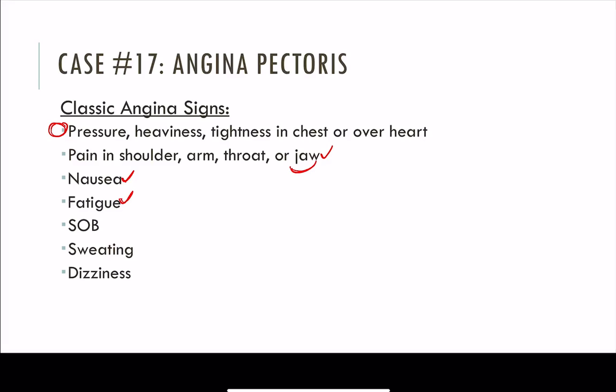These should be deeply rooted in your brain at this point: if someone is experiencing any of these in response to increased activity, that's a sign of an oxygen supply and demand mismatch in the heart. This is a bad sign.